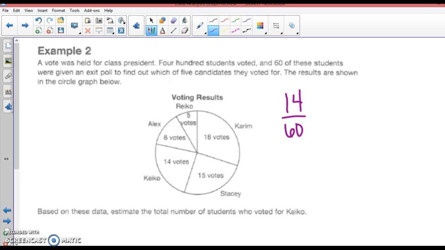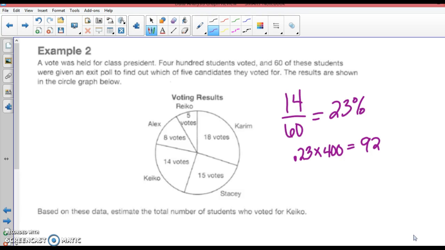What percent? 23%. So, if 23% vote for Kaito, can I then just do 0.23 times 400? And if you do that, you're going to get 92. So you can find the percent, and then do percent of the number like we just did.